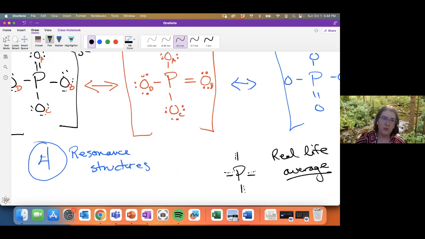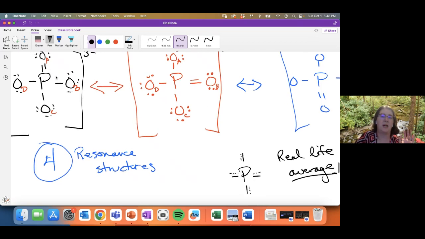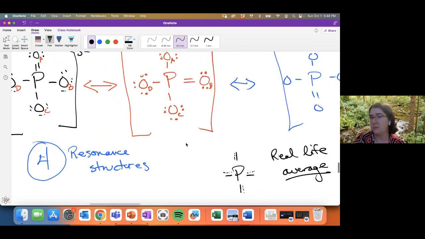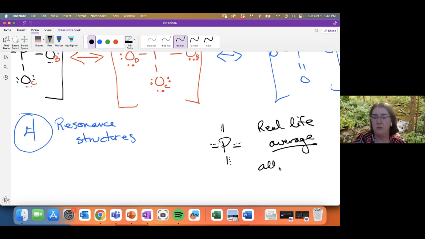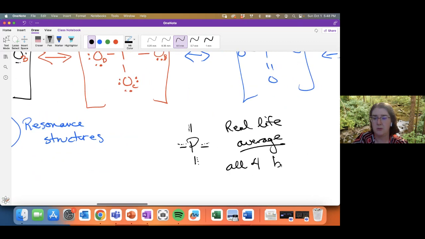Because if the structures I drew were real, with a double bond on the top or the side or the bottom, then essentially I would have a phosphate molecule where one bond was also shorter than all the others. And that's not true. When we get data for this, real life has all 4 bonds of the same length.